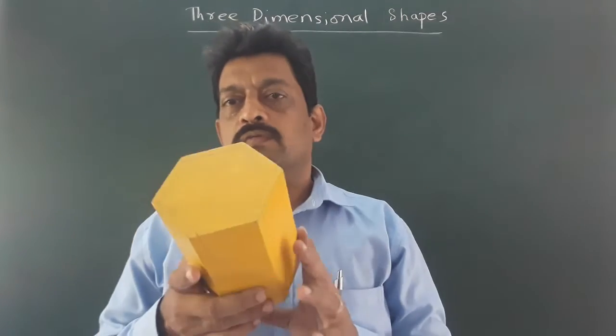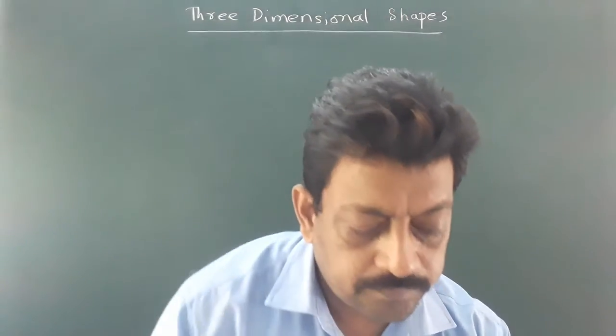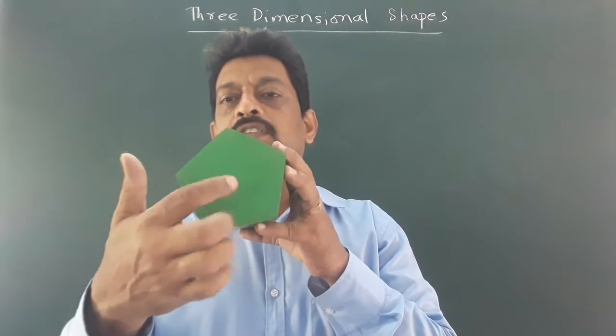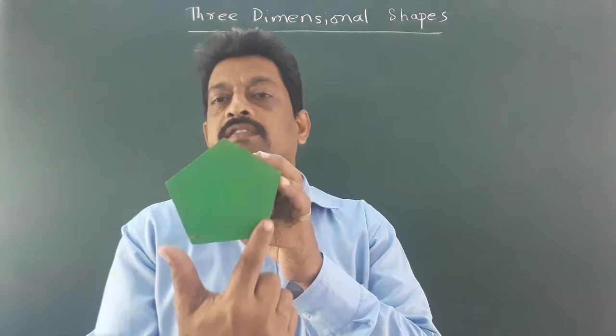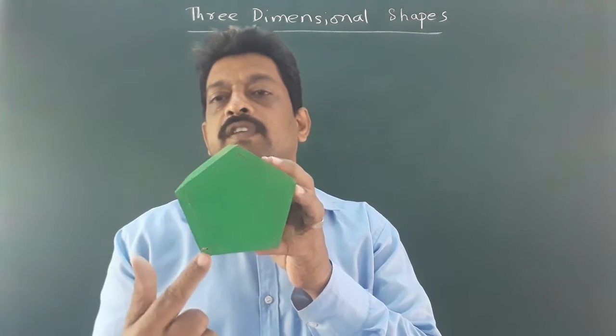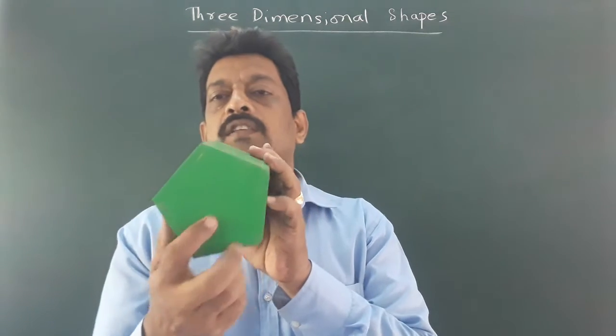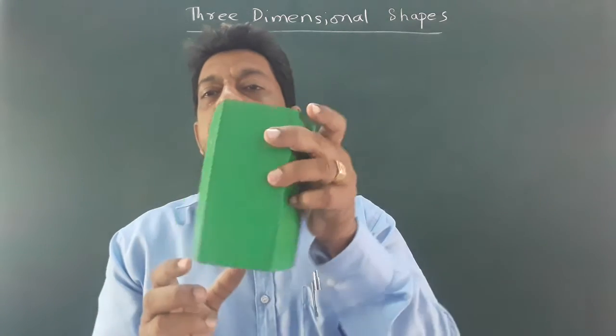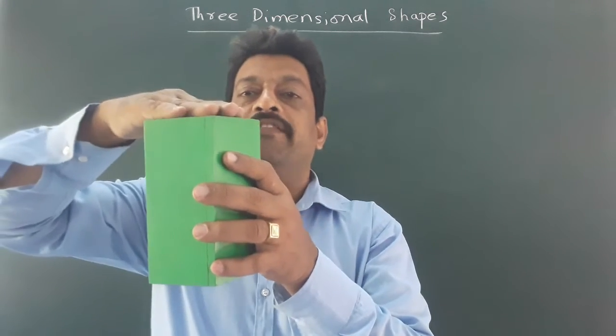Understood? So this one, this is also the same case. Here the face is a pentagon. As you can see, there are 5 sides. Similarly, this is also a pentagon, and both these pentagons are parallel plane figures.